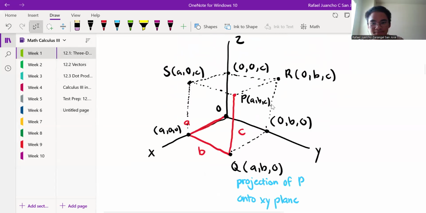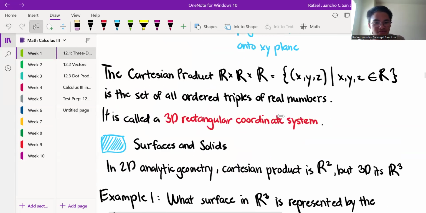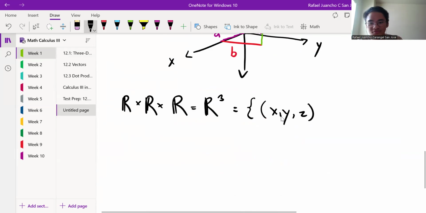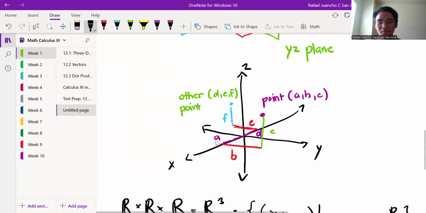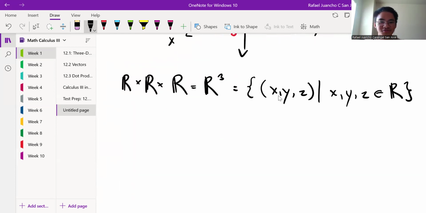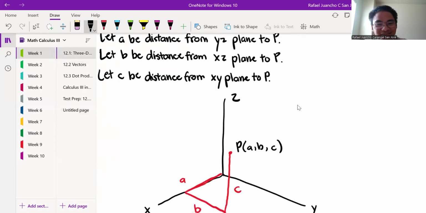So there's a notation in math, and X, Y, Z are all basically real numbers. So that's the idea of that. It's just a notation.